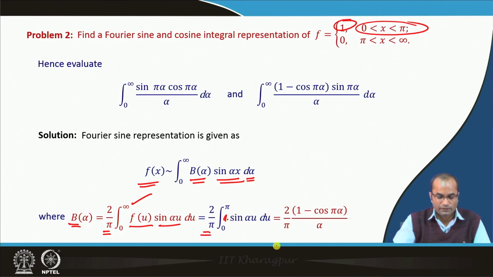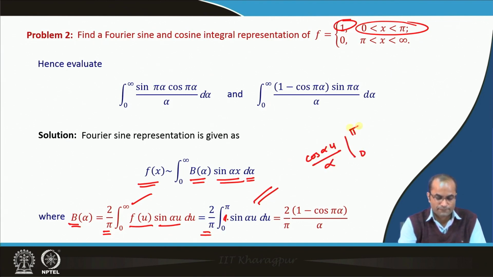Which can now be integrated. So, we have cos alpha u over alpha from 0 to pi with the minus sign because of this integral, and then 2 over pi naturally sitting outside.